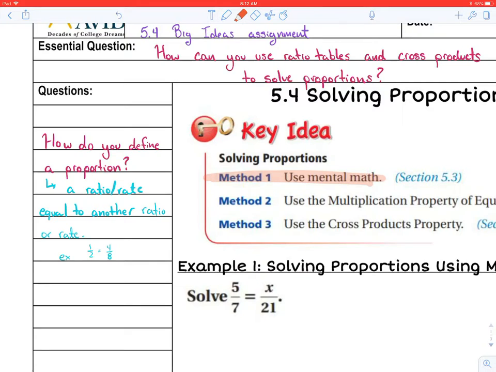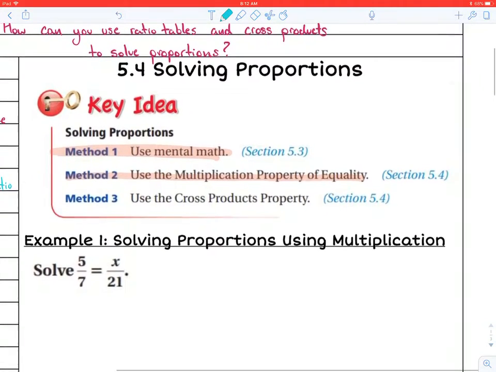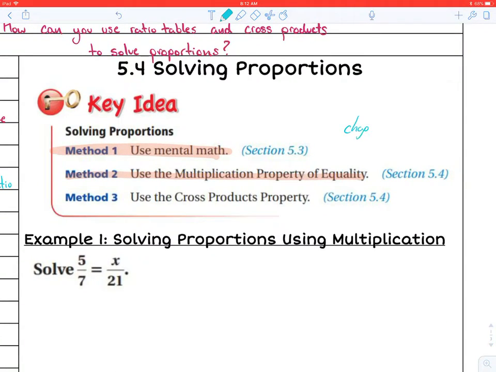Method 2, use the multiplication property of equality. If you don't recall, this is actually a chapter 4 concept, where we multiply both sides by a number in order to solve for x. So it's kind of like an equation where we're solving out for a variable.